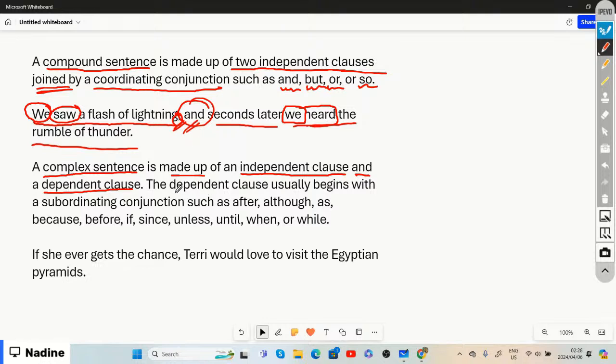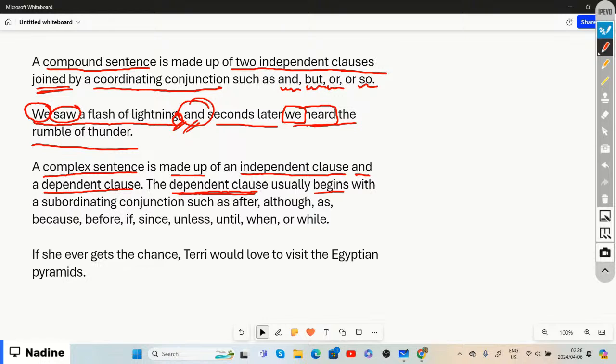And the dependent clause that cannot stand on its own usually begins with a subordinating conjunction. Remember, in our previous lesson, we went over what a coordinating conjunction is, which consists of and, but, or, so. And then we have a subordinating conjunction, right?